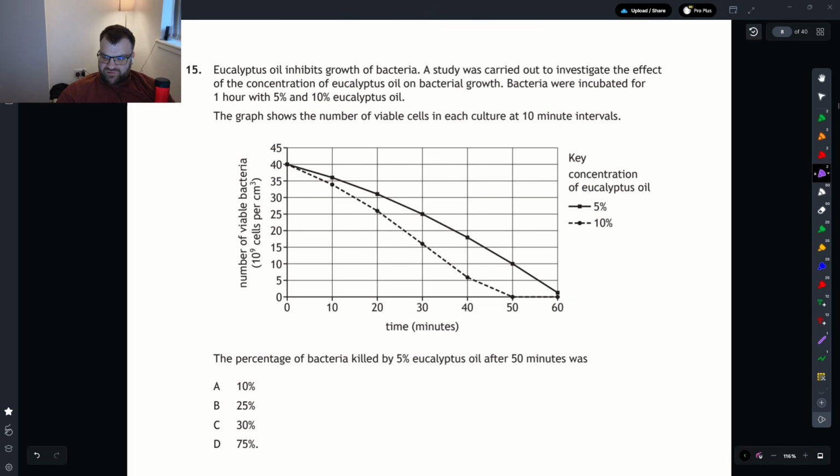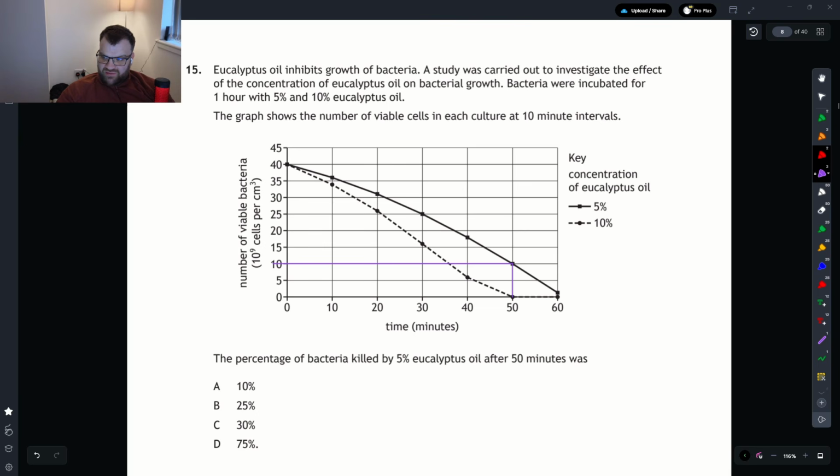Next one, we have got our graph of time and number of viable bacteria. Okay, percentage of bacteria killed by 5% after 50 minutes. So 5% is the full line. So from 50, we'll go up and we'll run that along to there.